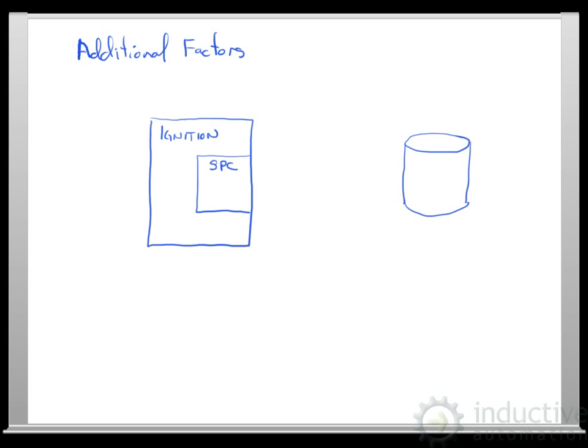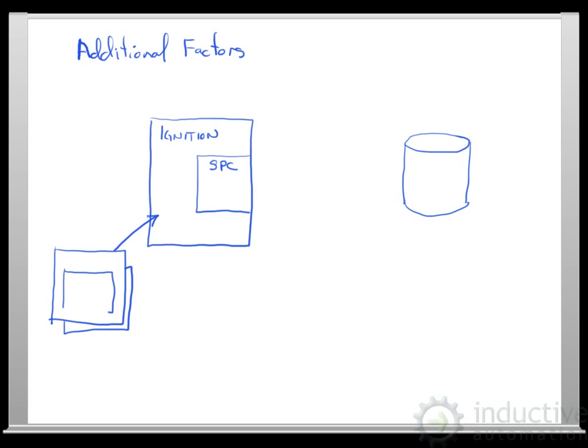Okay, out here we might have some clients running. Okay, and the clients are connected to the Ignition server here. And let's say we have a sample entry here.